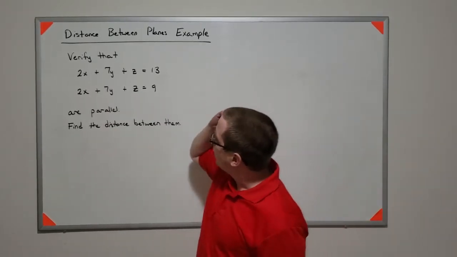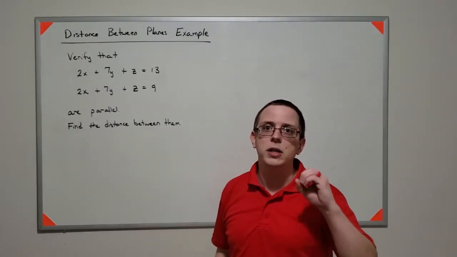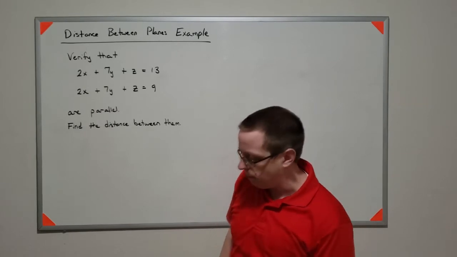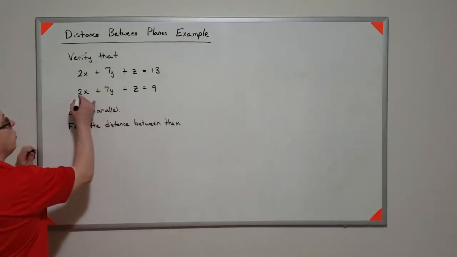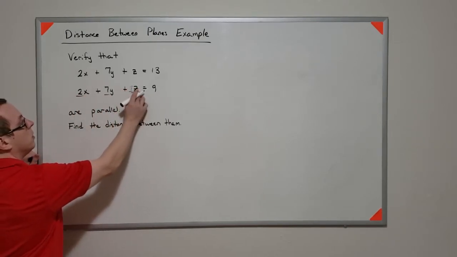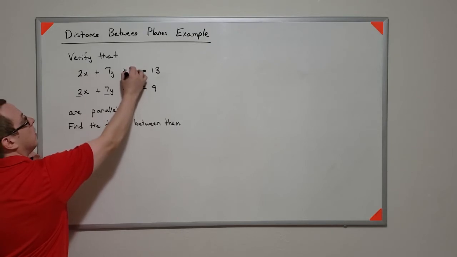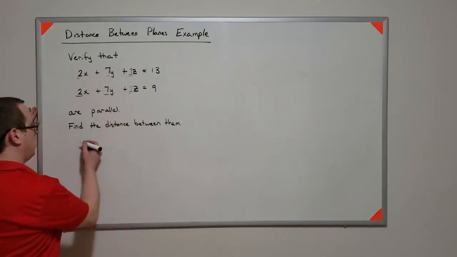So if you recall, the way we find if two planes are parallel is if they are normal to the same vector. And in that particular case, remember that the normal vector takes the coefficients of the variables for the equation of the plane.